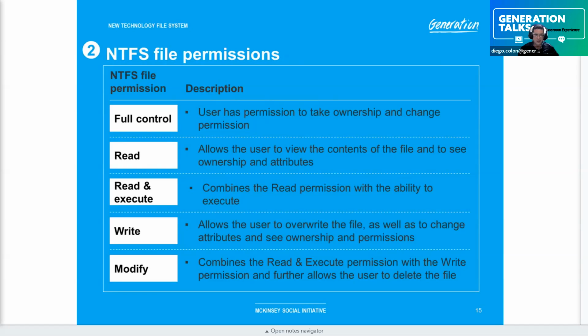Now, when you combine read and execute, you can execute any file that's in there. I can actually open an executable file, an exe. Next is write. If you're able to write, it allows the user to overwrite the file and change attributes, and you can see the ownership and permissions.